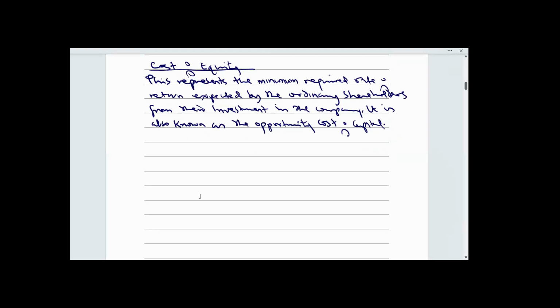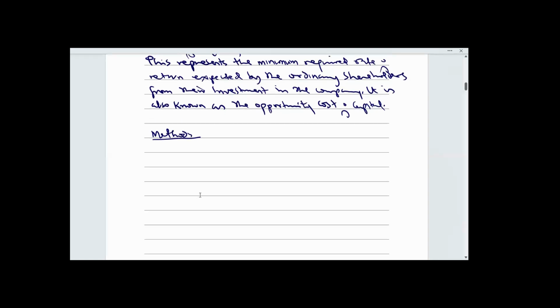Now, what are the methods of calculating cost of equity? Basically, there are three methods of calculating cost of equity. One is the dividend valuation model.